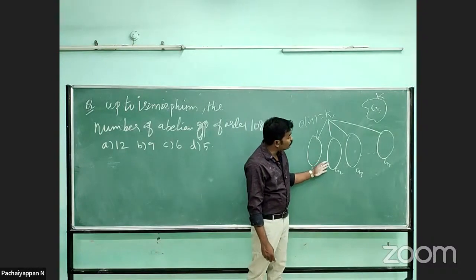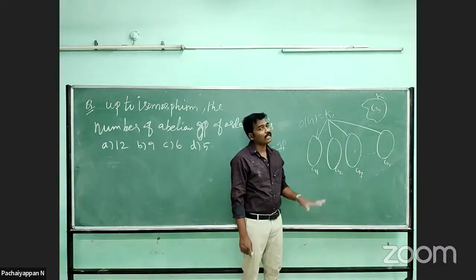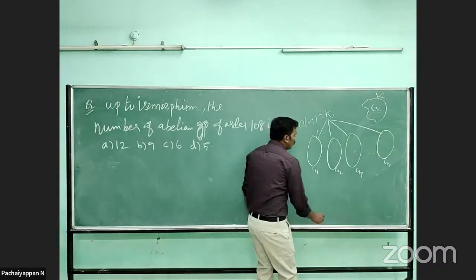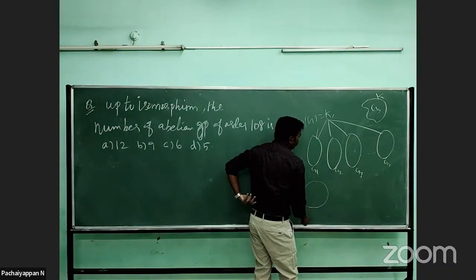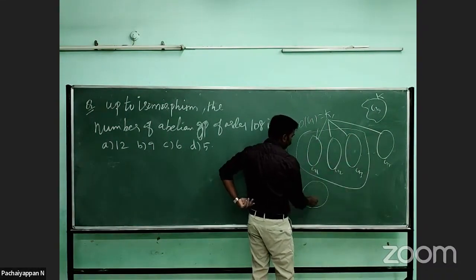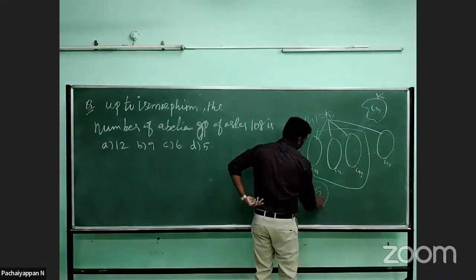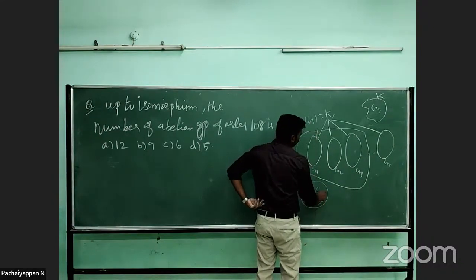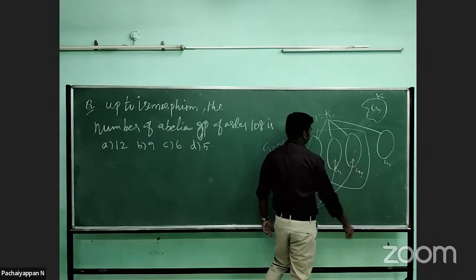Maybe 100 groups are there of order K. Take any group among these 100, some G. This group is isomorphic to this or this or this.